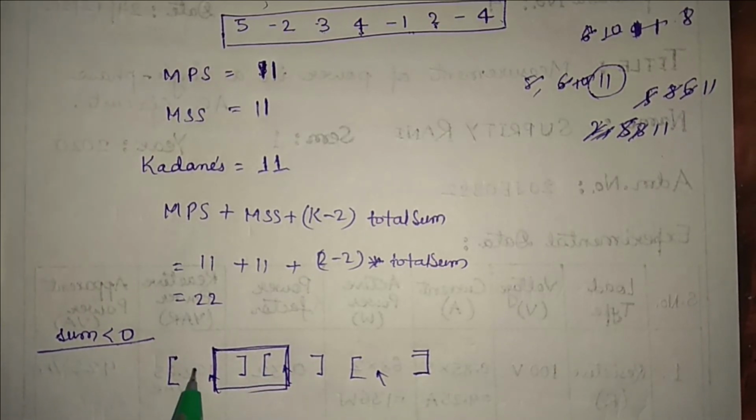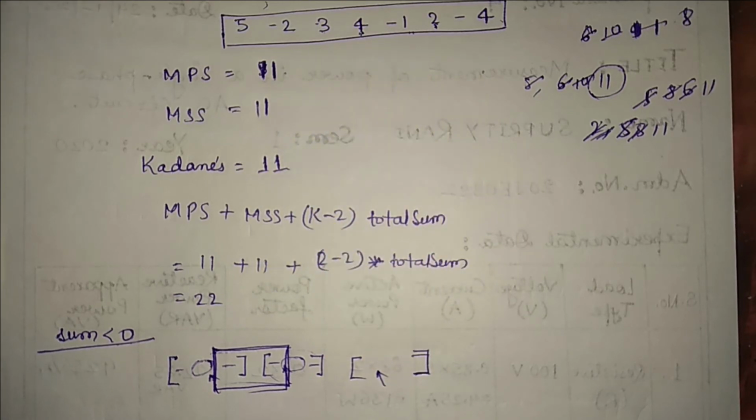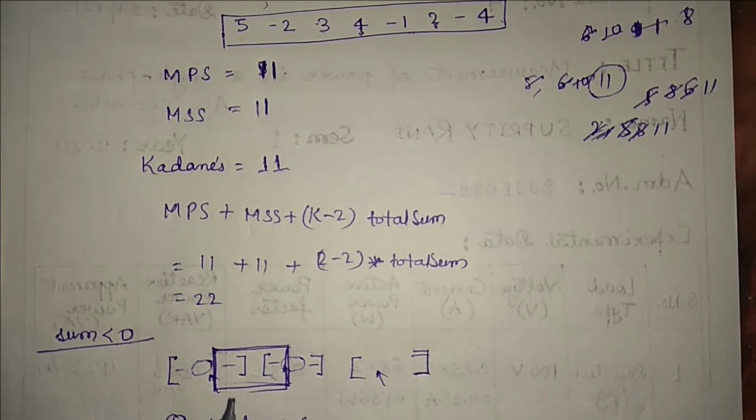Suppose the elements of the array are negative only in the middle, and positive at the ends. Overall it is negative, but there could be a chance that this leads to a more positive result. So in the case of sum less than 0, there are also two possibilities. Either Kadane's sum is maximum, or this could be the maximum, which is nothing but best prefix sum plus best suffix sum.